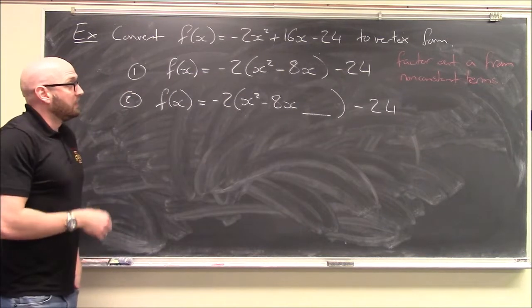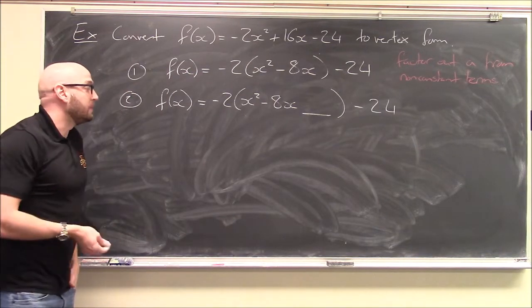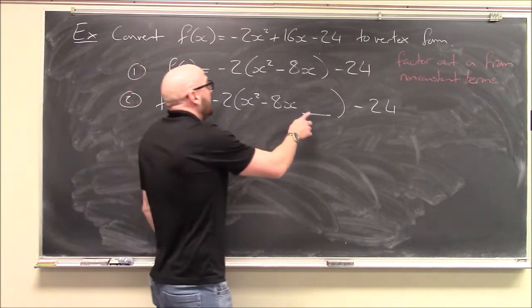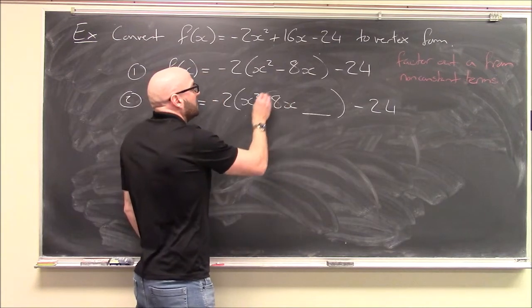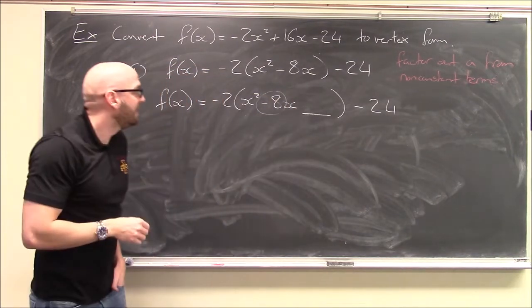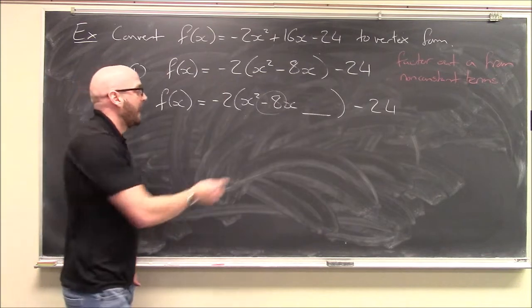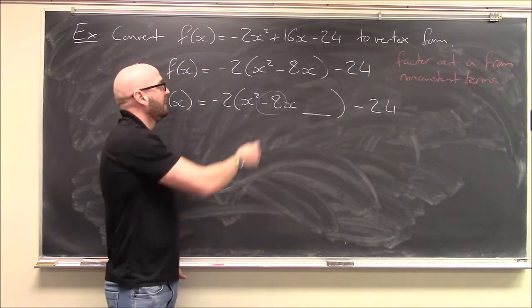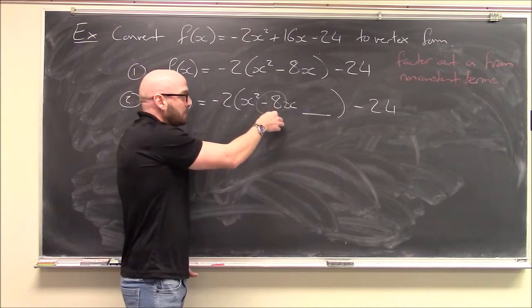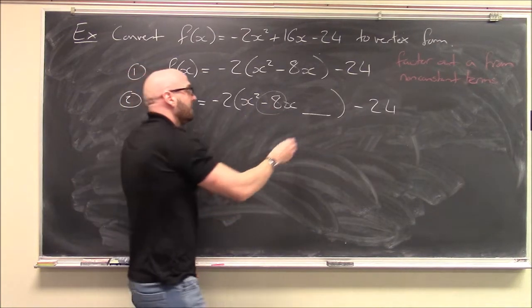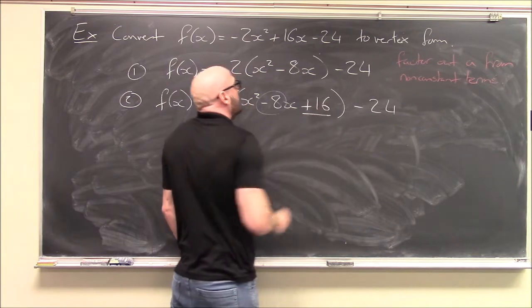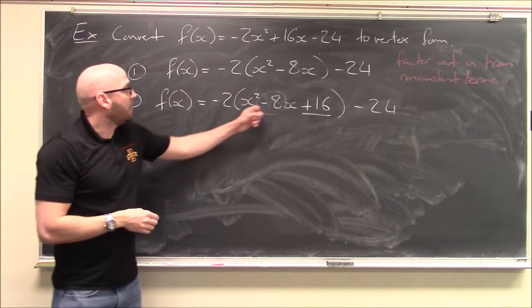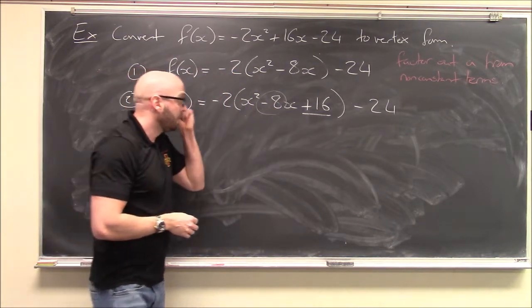And it's the same formula every time. We look at this coefficient, minus 8, and take half of it, which is minus 4, and then I square that to get 16. Turns out that's what I need right there, 16: half of this coefficient, squared.